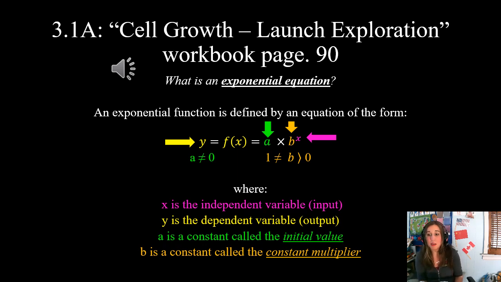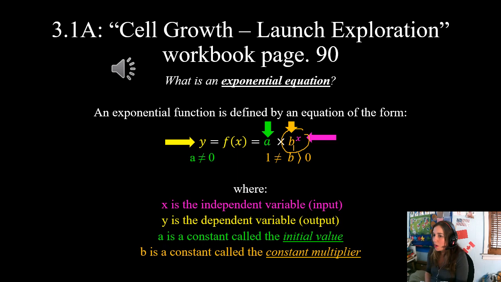And it cannot be equal to 1, right? Think about why that is. Why shouldn't it be equal to 1? Just think about it for a second. Look what's happening here. If we put a 1 here for our B, we're raising 1 to any power, you guys.